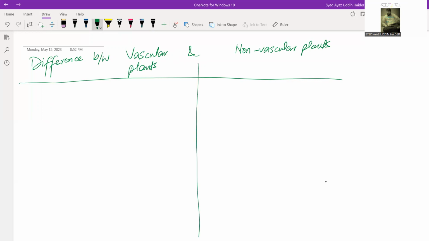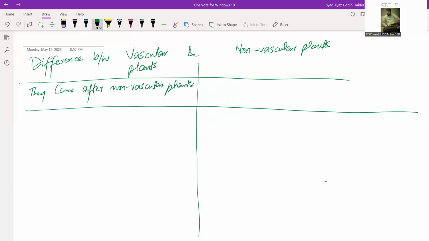So vascular plants came after non-vascular plants, while non-vascular plants are the most primitive plant on earth.